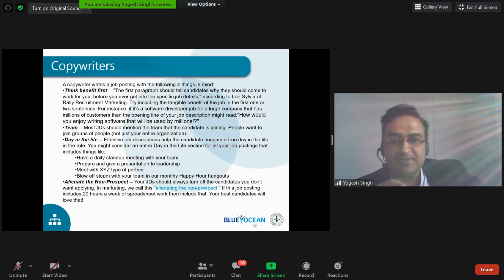There are some examples, I think. How would you enjoy writing software that would be used by millions? So you can see it's a multi-layered benefit. Not only is it about the importance and impact of the job, it's also about the interest area of the person and creating an impact on the world.